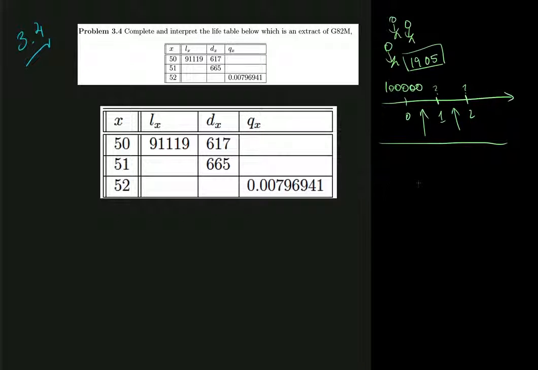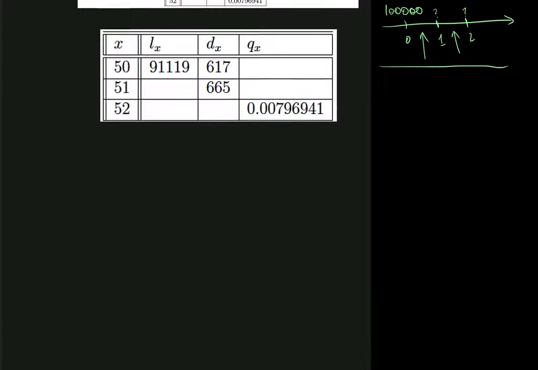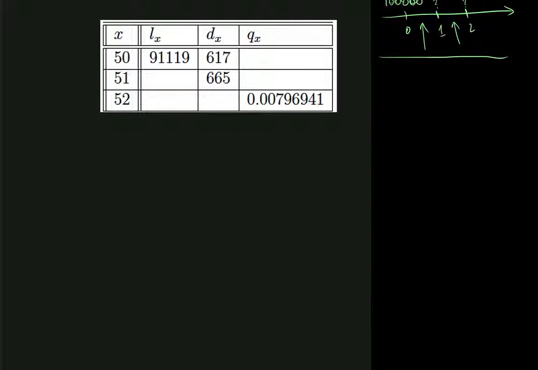So if we were to try to understand the whole Lx, dx, qx thing, how should we understand that? Well, what we're looking at is a timeline where we consider ages x and x plus 1. And the way to interpret Lx, it is the number of people that have survived past year x.